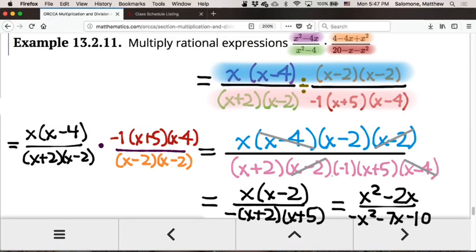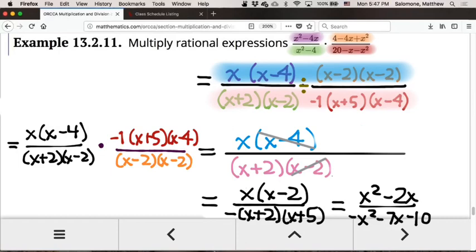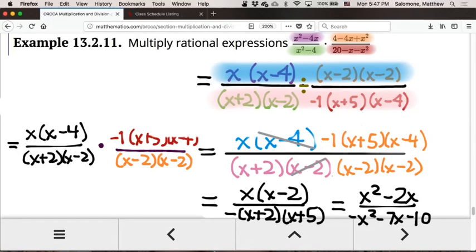And so when all of that dust settles, we would end up in this example with, clear, so we're just going to trade spaces between those factors. Negative 1, x plus 5, x minus 4, x minus 2, x minus 2. And now, when I try to look across at the common factors, what do I find?